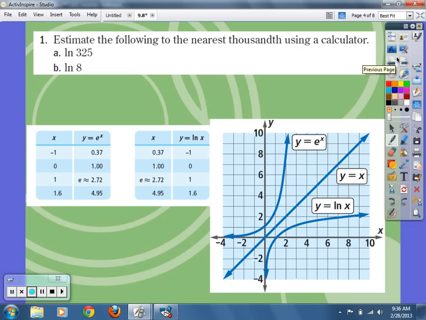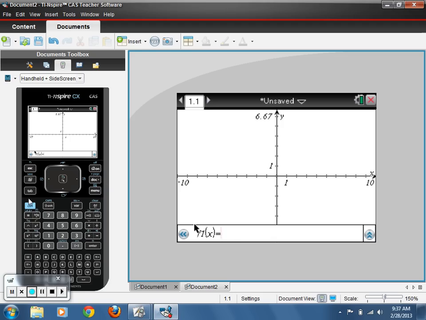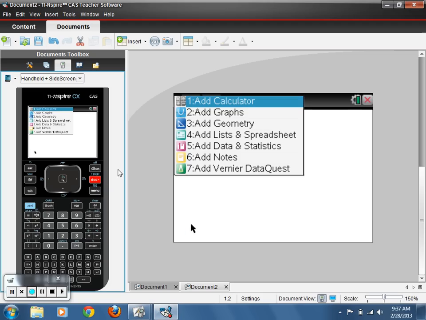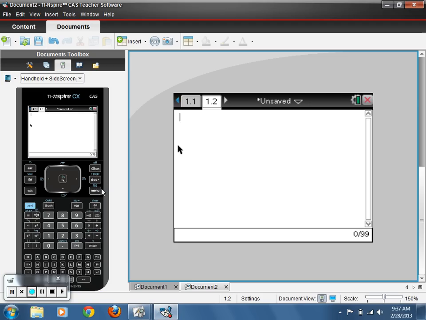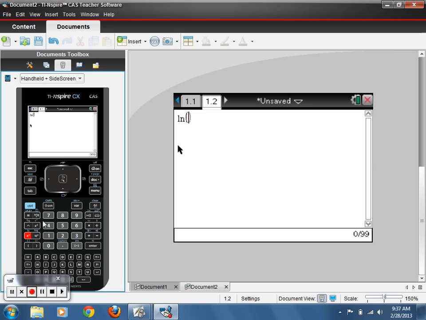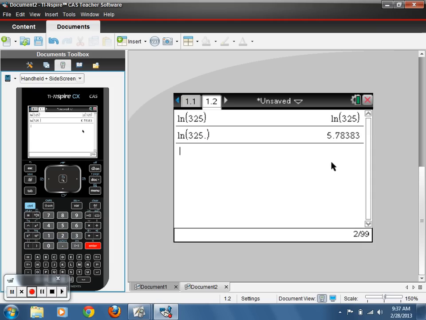Alright, how do we use a calculator? There's a natural log key on your calculator. Natural log of 325. Let's go here. There it is. Second natural log of, what did I say, 325? I don't know if that's really what it was, but it's good enough. That's not what I wanted to happen, so natural log of 325, add the decimal, 5.78383.